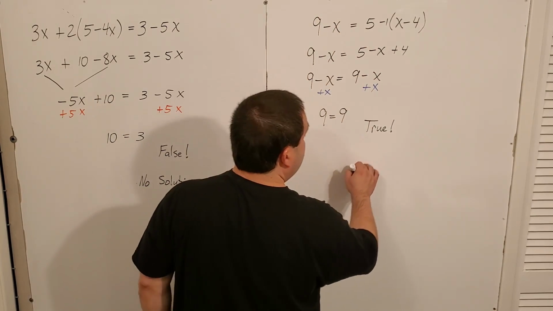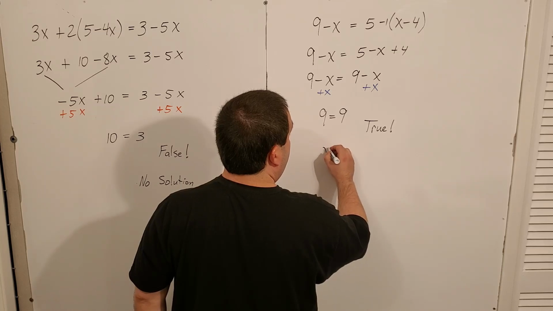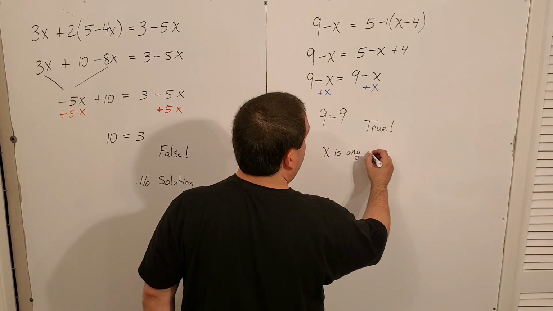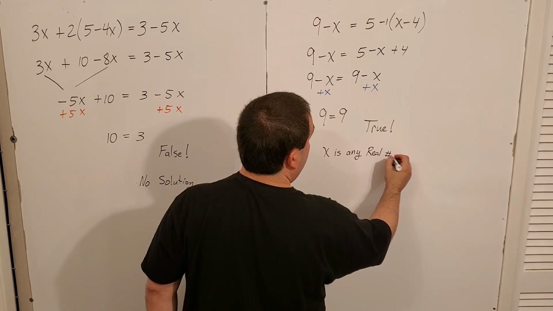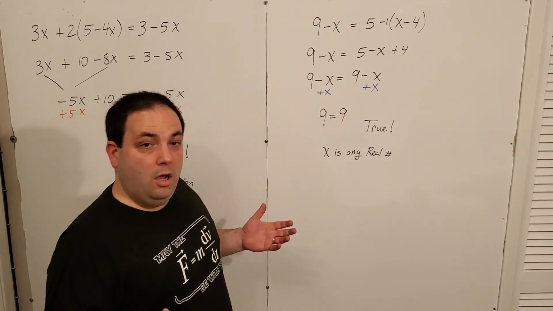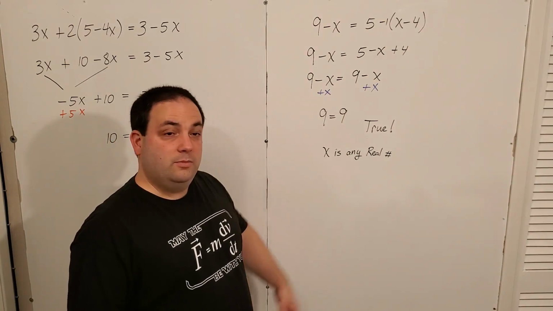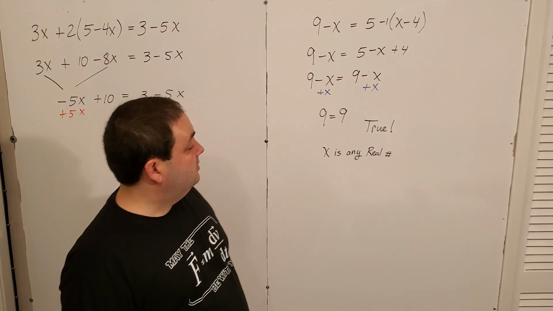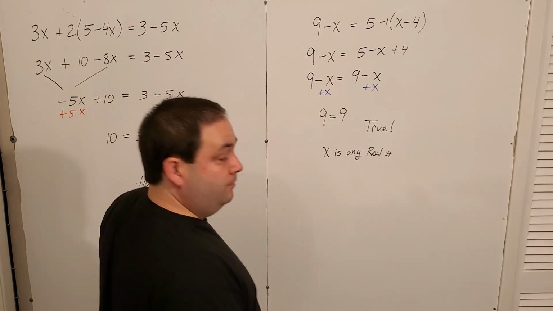So in this case, you can say that x is any number. We'll say any real number. Although technically we could say x is any number, we're going to talk about other number systems, and in this case, x literally could have been anything. So x is any real number, okay?